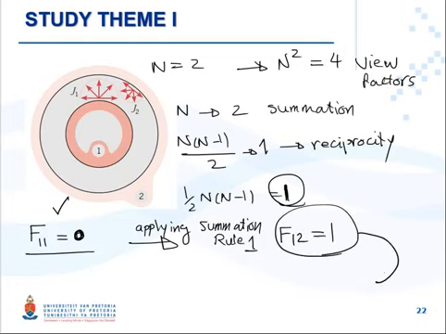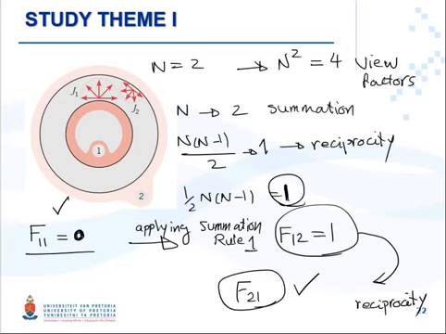After that, we applied reciprocity just once, and we find F21, and again we applied the summation rule for the second time, and we find F22.